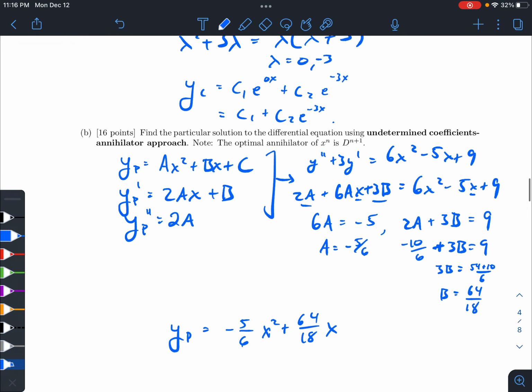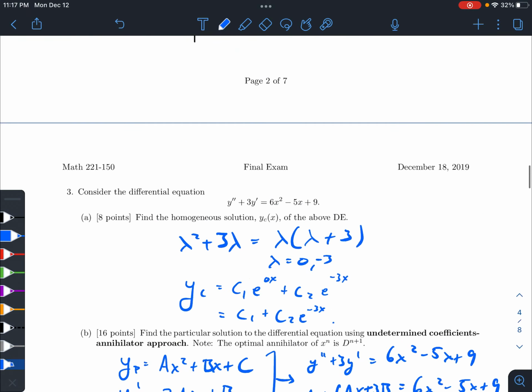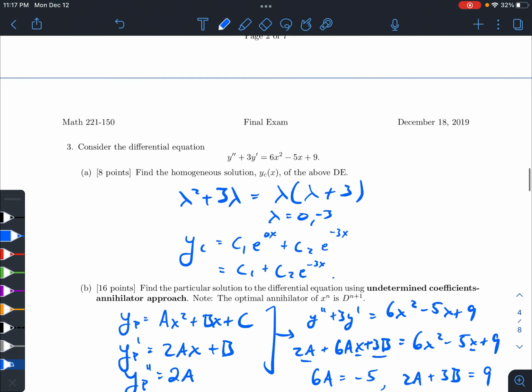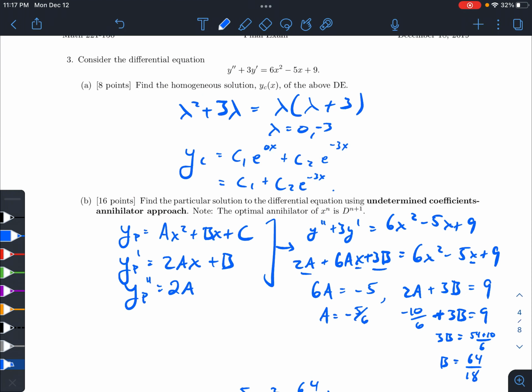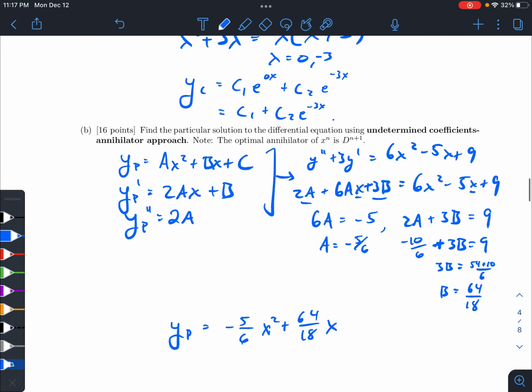I guess we just pick c to be 0, right? Yeah, we just pick c to be 0, and that's fine. I think that should still satisfy the differential equation.